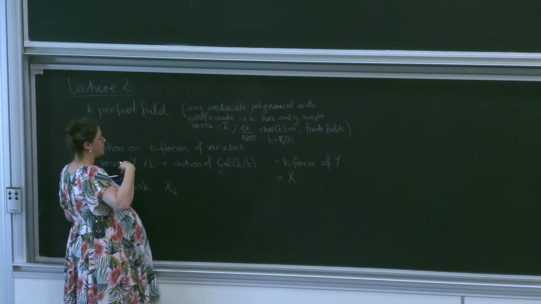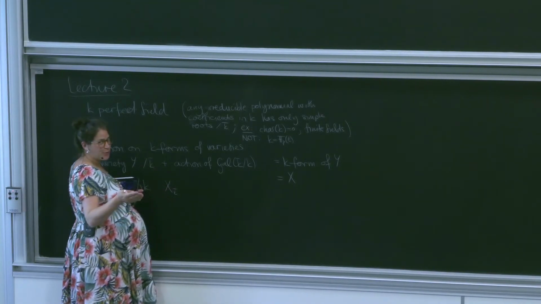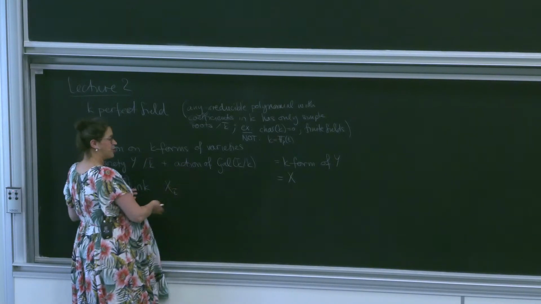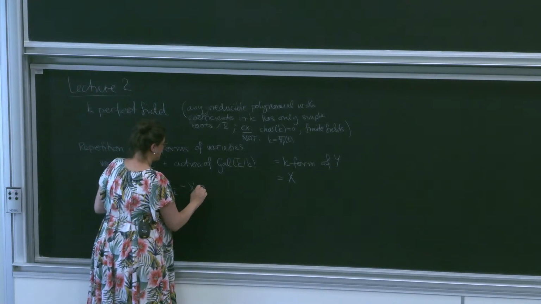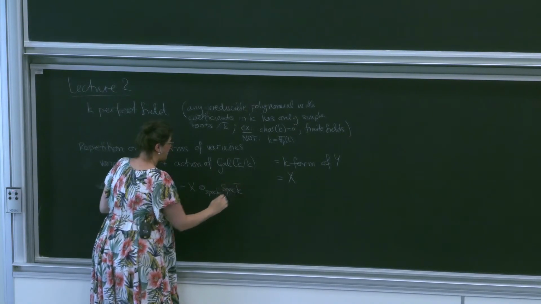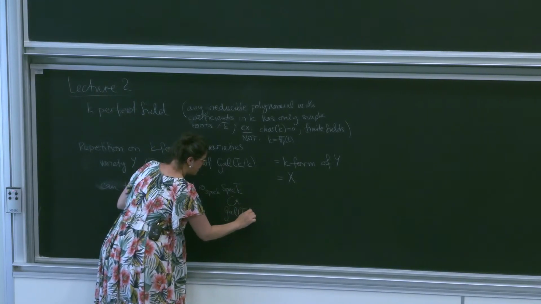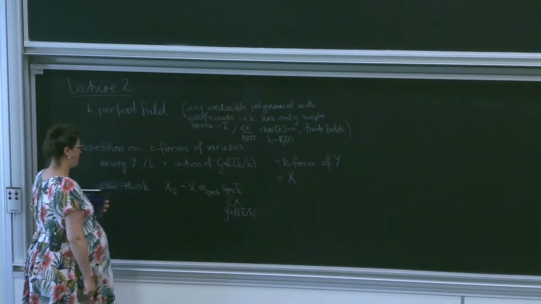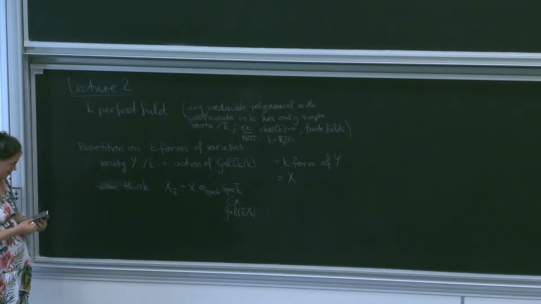So if you think of your variety as given by polynomials with coefficients in k in a projective space, you look at the same variety but then over k bar, and that's X at k bar, and here the Galois group is acting naturally on spec k bar.